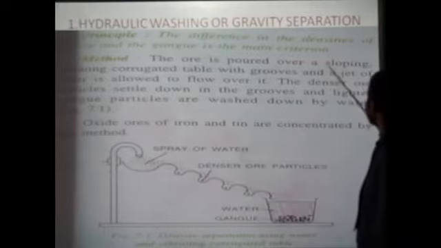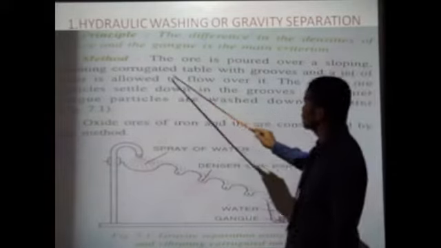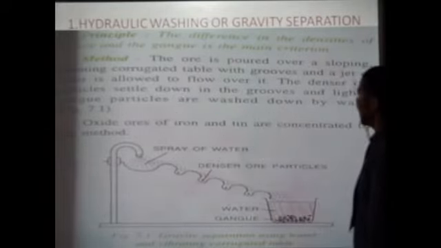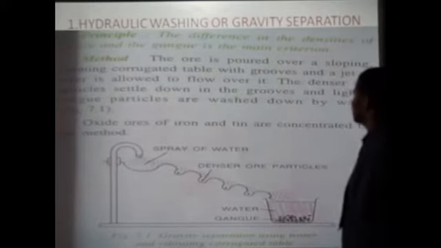So a table with grooves, and a jet of water is allowed to flow over it. The denser ore particles settle down in the grooves, and lighter gangue particles are washed down by water.